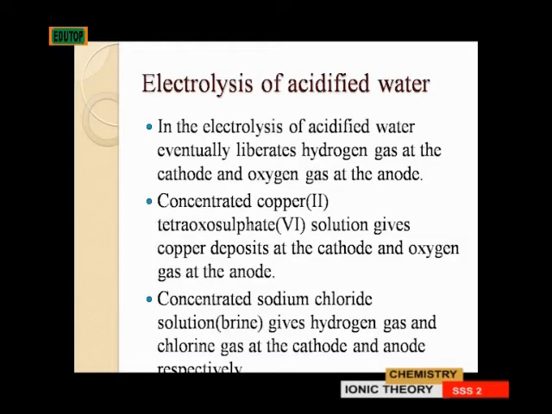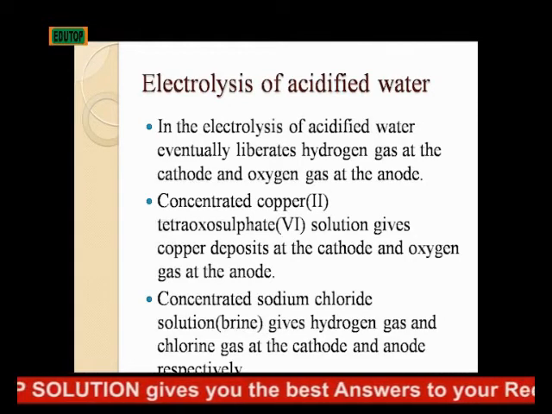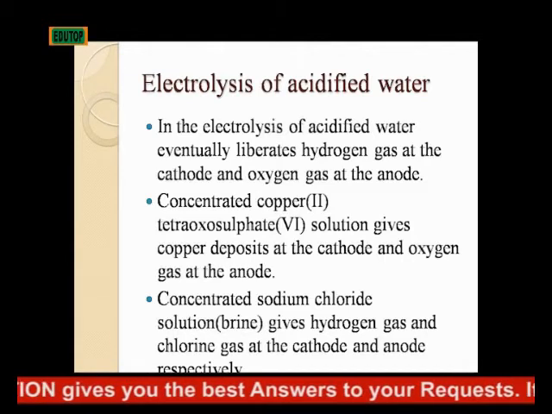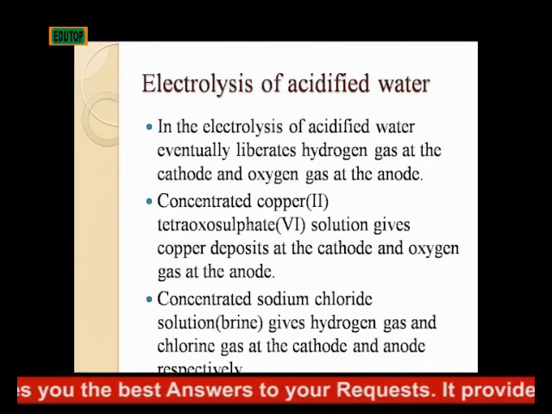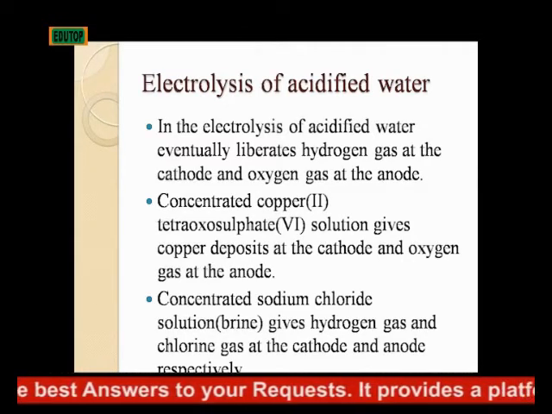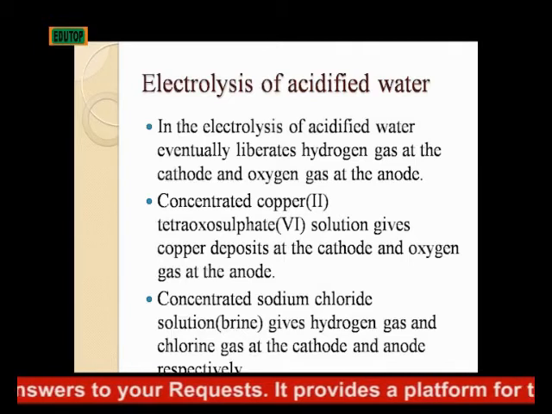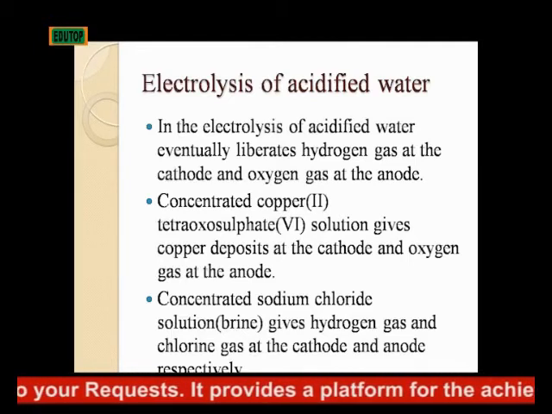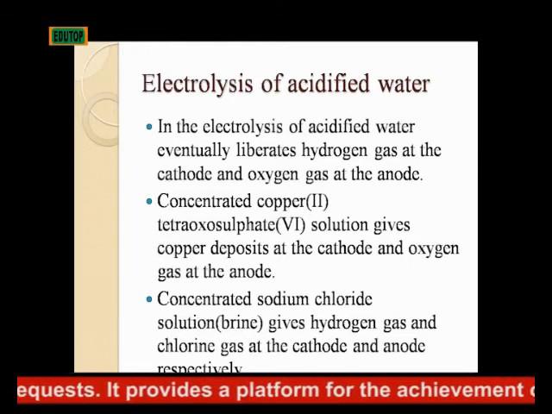Electrolysis of acidified water. When they say acidified water, we are talking about water that comprises H2SO4, which is what brings about that acidity. In that situation, electrolysis of acidified water.